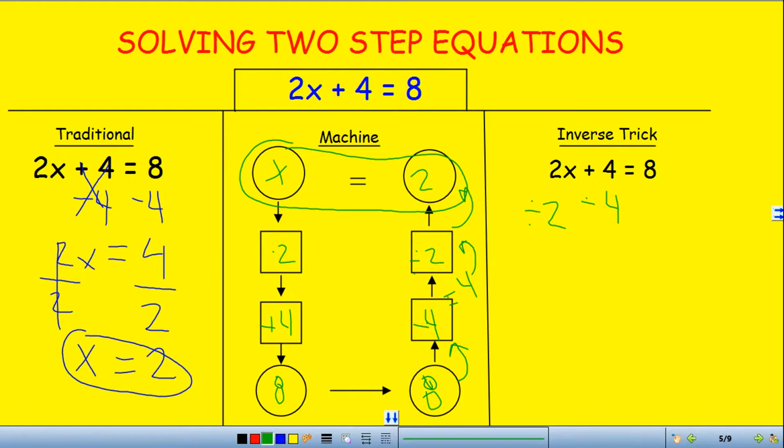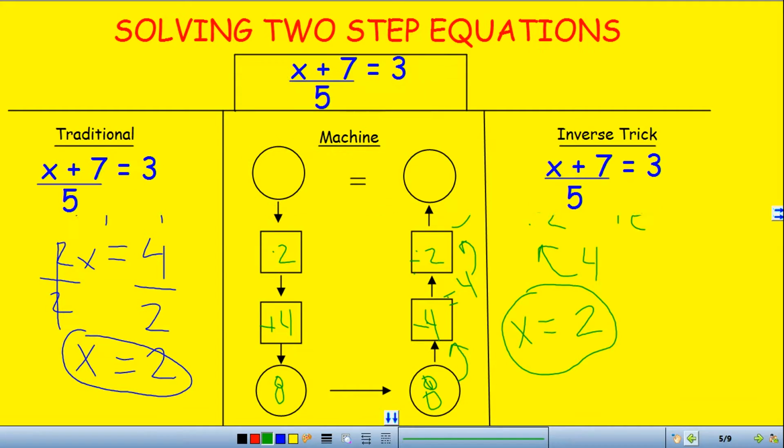So let's take my 8. I'm going to do 8 minus 4, which gives me 4. And then 4 divided by 2, which gives me 2. So our final answer is x equals 2. Those are the three methods for 2x plus 4 equals 8.